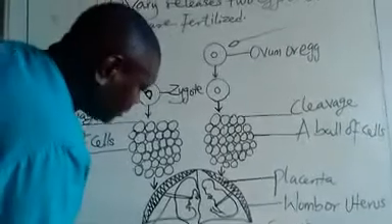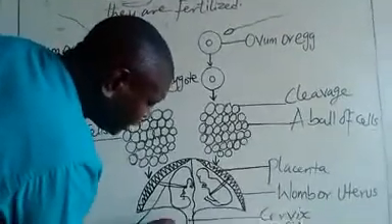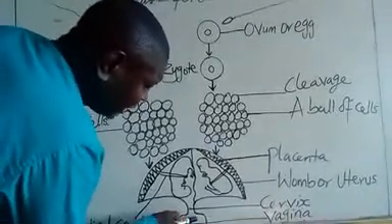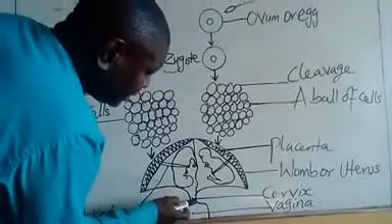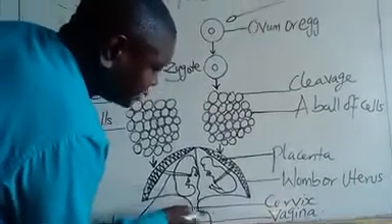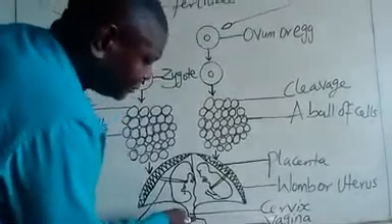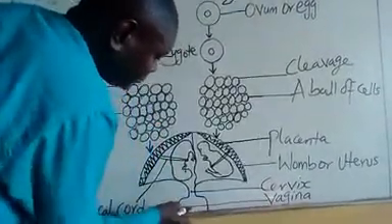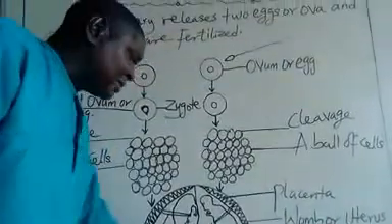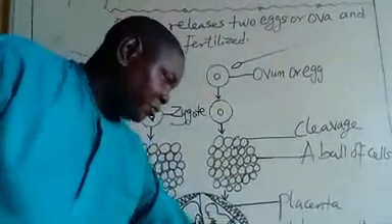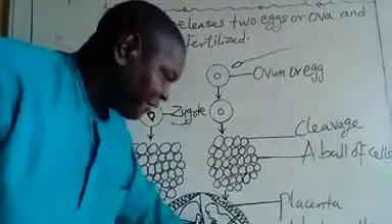As you can see, look at the vagina, look at the cervix. It controls the opening and the closing of the vagina. The vagina serves as the birth canal.